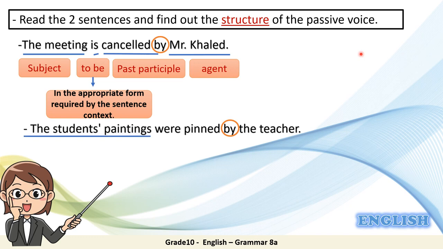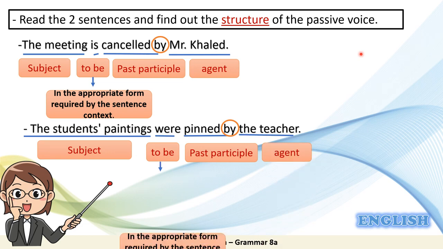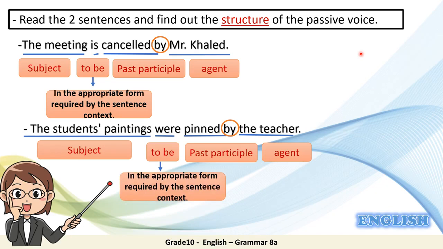Sentence 2. The subject is the students' paintings, and the verb is always, like in the first sentence, made of verb to be plus past participle, were pinned, and the teacher is the agent. Excellent. Again, verb to be here is in the appropriate form required by the sentence context.